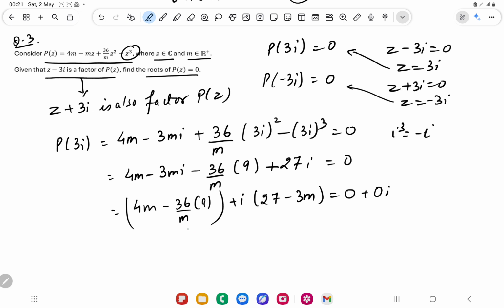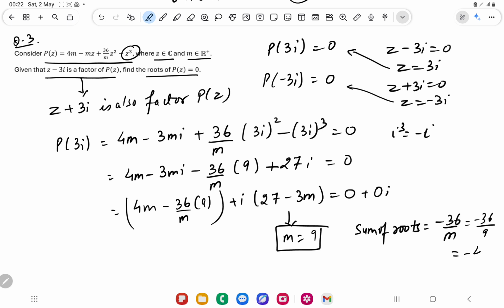So when I equate this, my m will be 9. And since it is a cubic equation, the sum of the roots will be minus 36 by m. So I can substitute the m value.